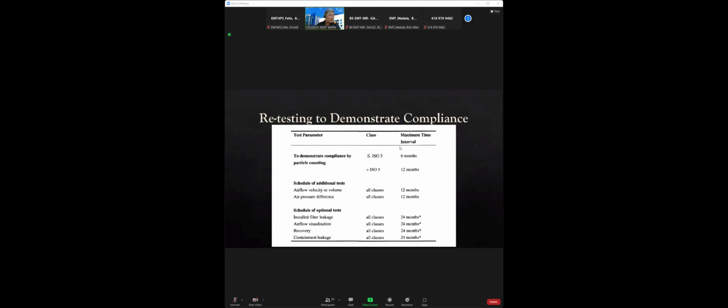What are we referring to with the 6 months and the 12 months? What are these intervals? If we're going to check this, these are the definitions of intervals. If we're going to update constantly, that is what we call continuous. If we're going to update at specified intervals not exceeding 60 minutes during the operation, that is what we call frequent.